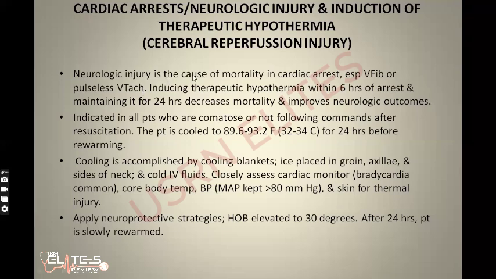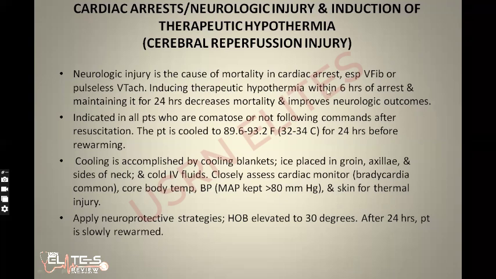So neurologic, let's look at what we have here. Neurologic injury is a cause of mortality in cardiac arrest. Of course, that is true. Especially VFib, which is ventricular fibrillation, or pulseless ventricular tachycardia, or VTach. These are the only two shockable rhythms we have.